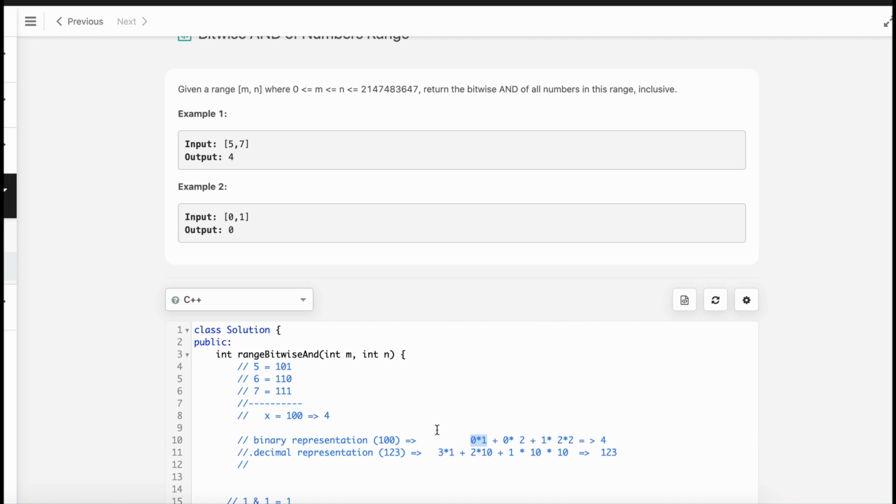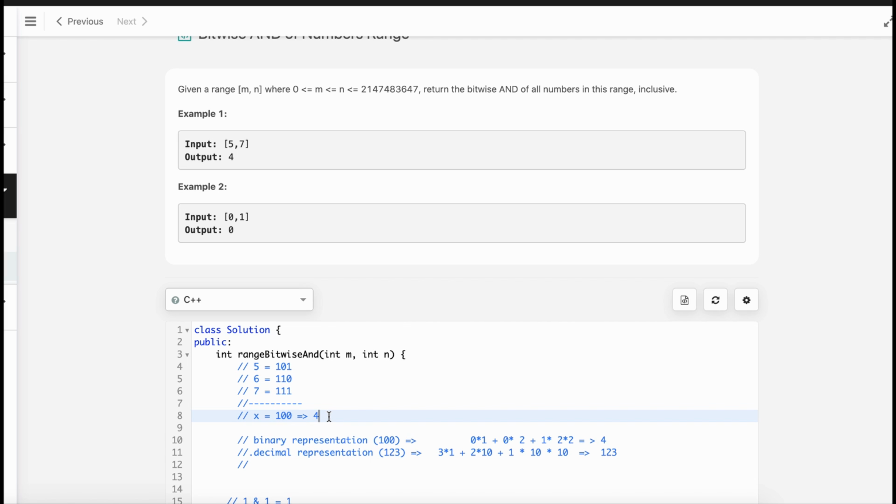So finally, position-wise, we will calculate the actual value of the bitwise AND operation. This is what I'm thinking right now.